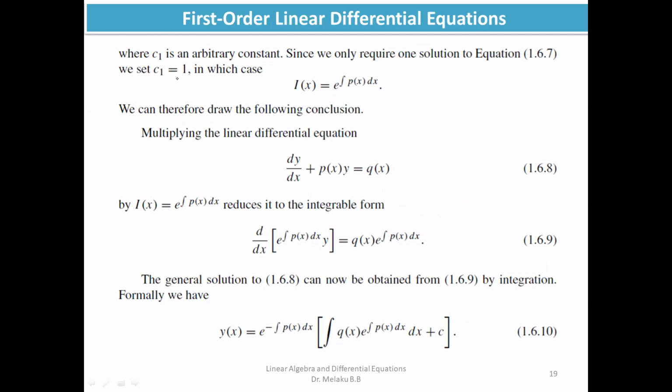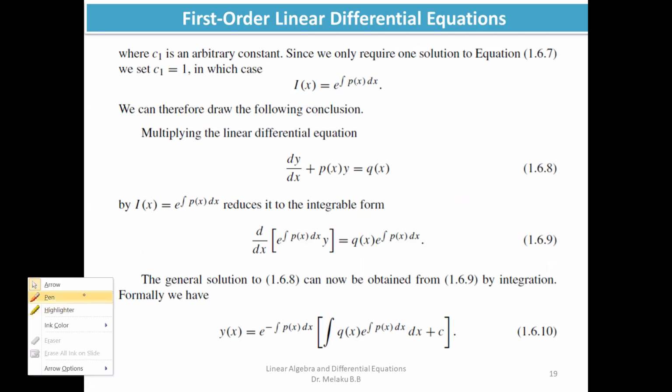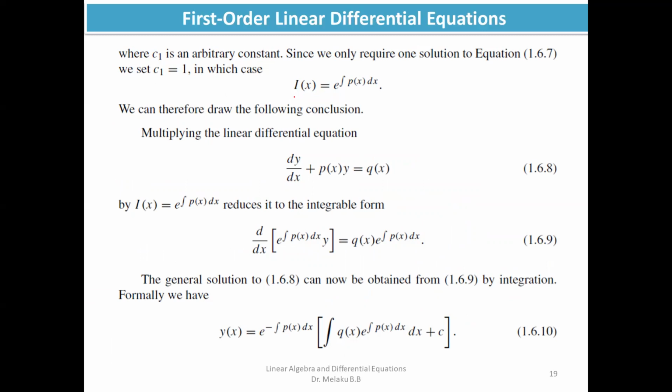Therefore we can use c1 equal to 1. So our I(x) can be written as e to the power of the integration of p(x)dx. And this is called the integrating factor. I represents the integrating factor, I(x).